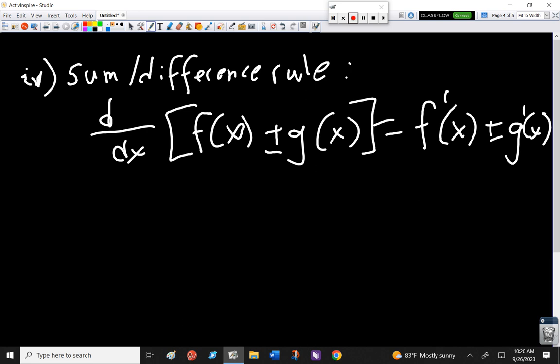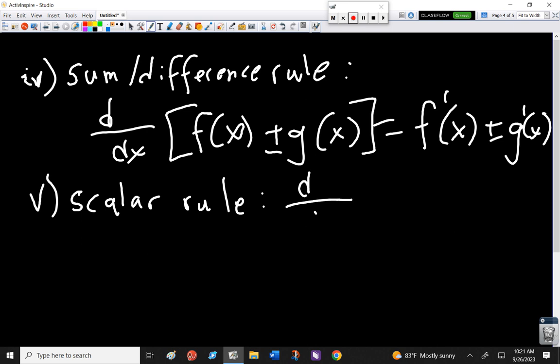Okay? And then we have what we call the constant multiplier rule, the scalar multiplier rule. I'll just call it the scalar rule. And the scalar rule is kind of silly, but I'm still going to give it to y'all. It's the derivative with respect to x of some number times a function.